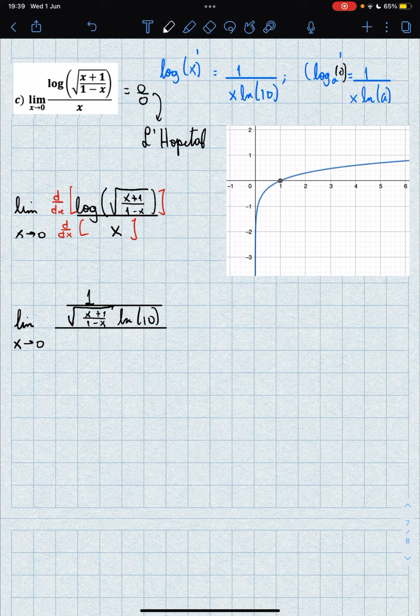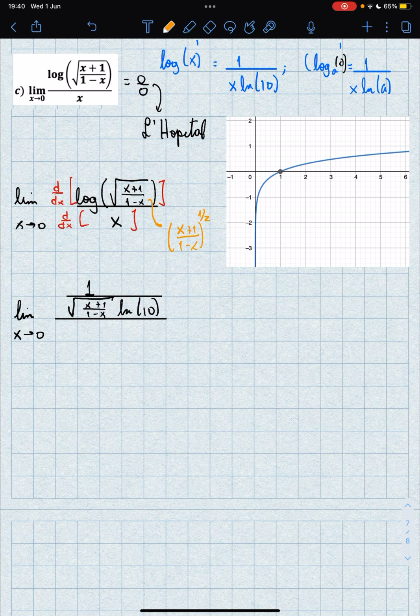Perfect. So now I have the derivative of the logarithm, but I have to do the following. Let me change color. This, just so you know, is going to be (x plus 1)/(1 minus x) to the 1/2.